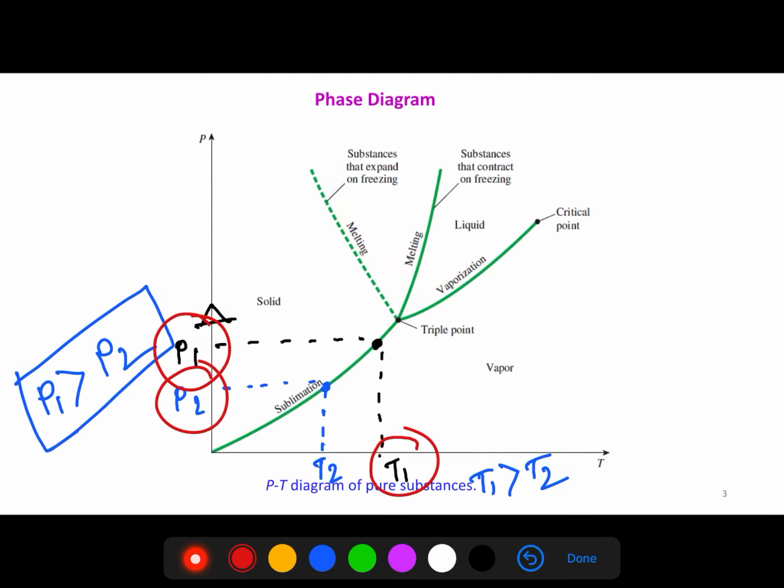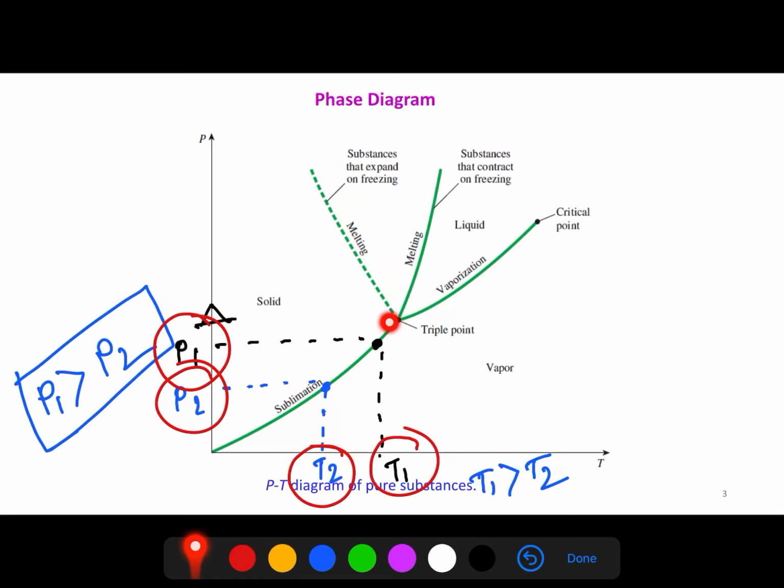If we decrease the pressure, the temperature will also decrease. That's what happens when sublimation happens, the phase conversion from the solid to the vapor. It's just proportional, and we will get a curve like this, an increasing trend.